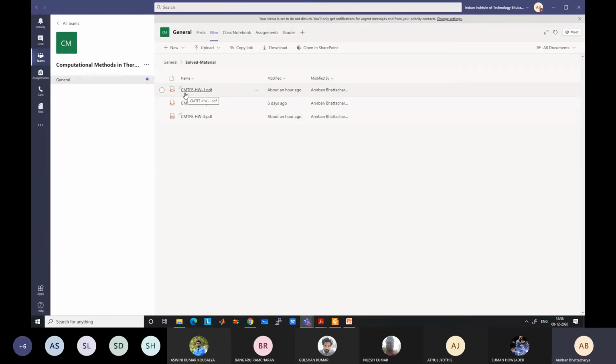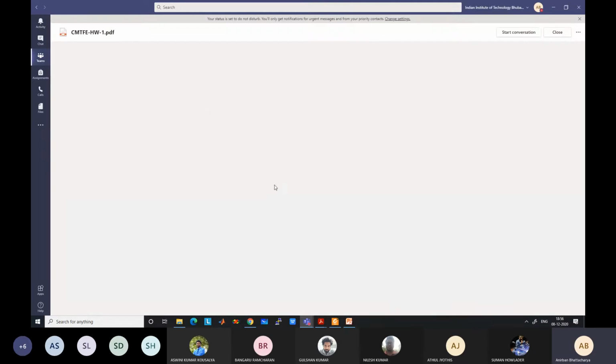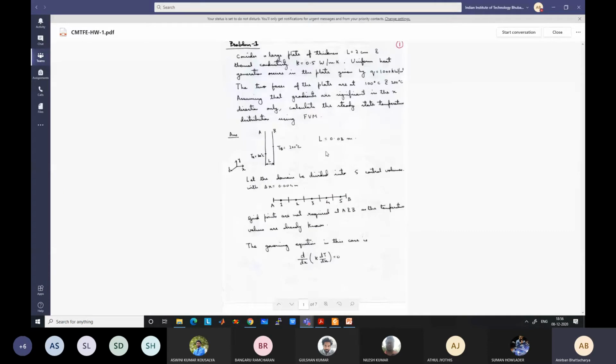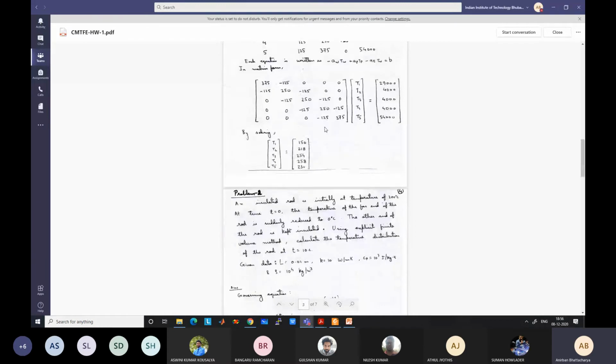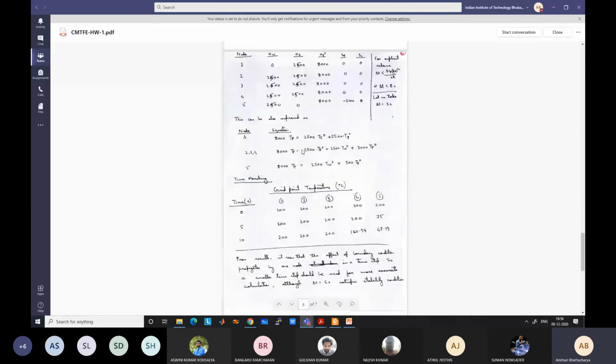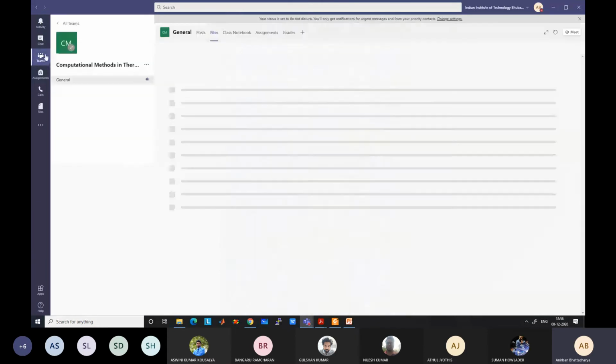The first set has a couple of problems using the finite volume method, which is part of the syllabus this time in this exam. Similar to the problem that I had given in the exam for the finite difference method, but using the finite volume method. One transient and one steady state problem.